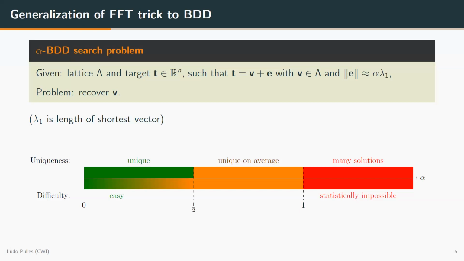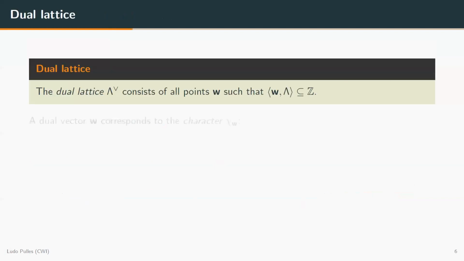However, when you move alpha above 1, suddenly you have exponentially many lattice points that can be close enough to this target, and that makes this problem very hard to solve. So the best you can do is make a list of all the lattice points close enough to the target and then pick one of them randomly. So the probability of guessing right becomes very small in this case.